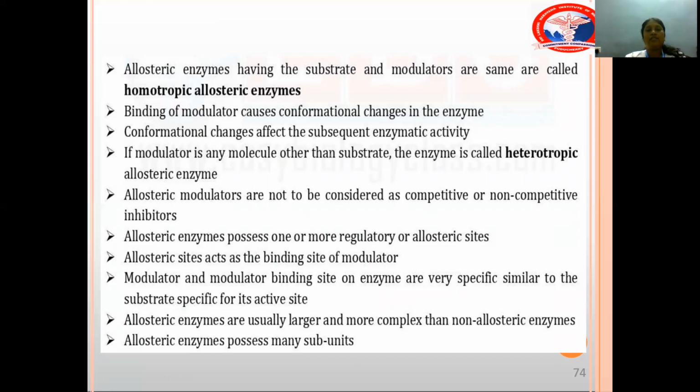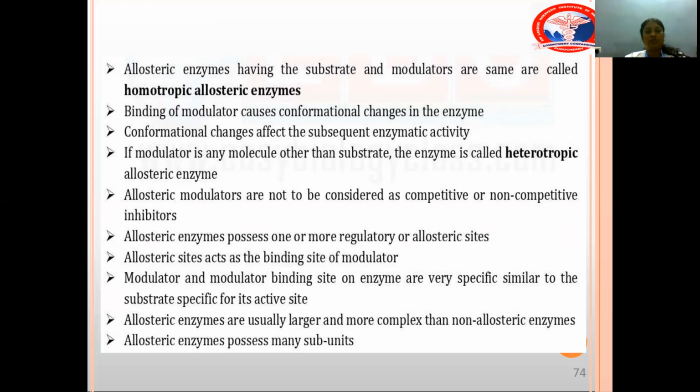Here the binding of the modulator will induce a conformational change in the enzyme that will affect the subsequent enzymatic activity. If the modulator is some other molecule other than the substrate, the enzyme under its regulation is called a heterotropic allosteric enzyme. Allosteric modulators are not competitive or non-competitive. They are a totally different entity as compared to competitive or non-competitive inhibitors.